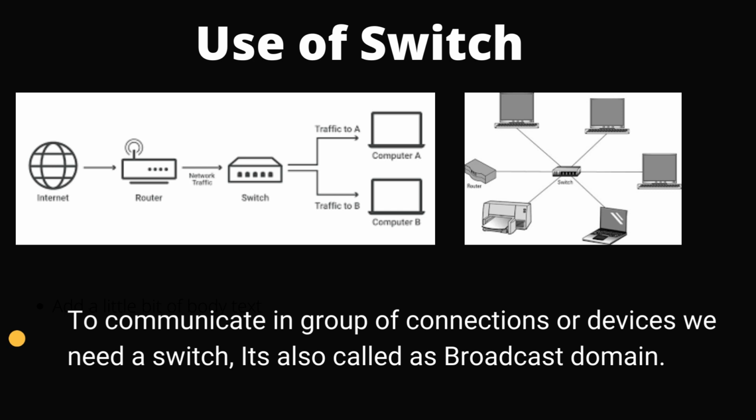In that case, we require a switch. The switch comes with various ports, from 4 ports and 8 ports to around 48 ports, where we can connect multiple devices to a single switch. So it forms a single broadcast domain, and we can communicate with all the machines connected to the same switch, right?